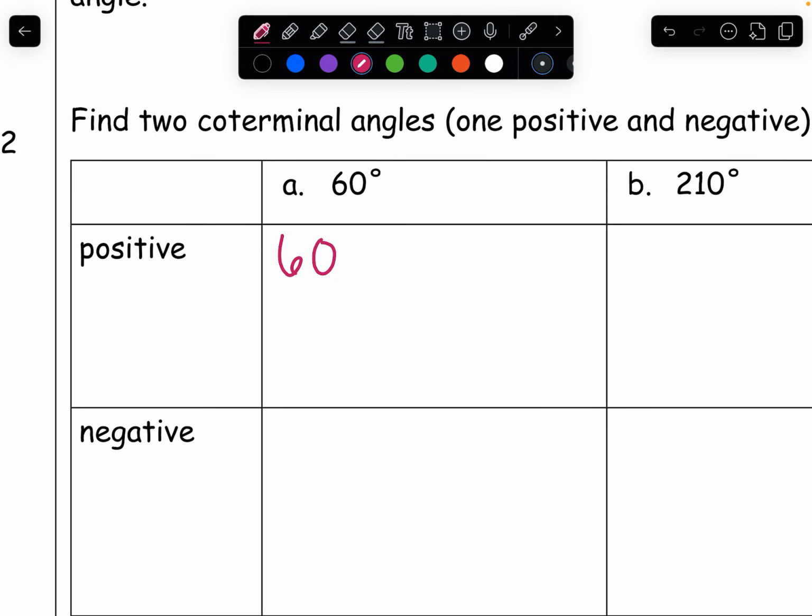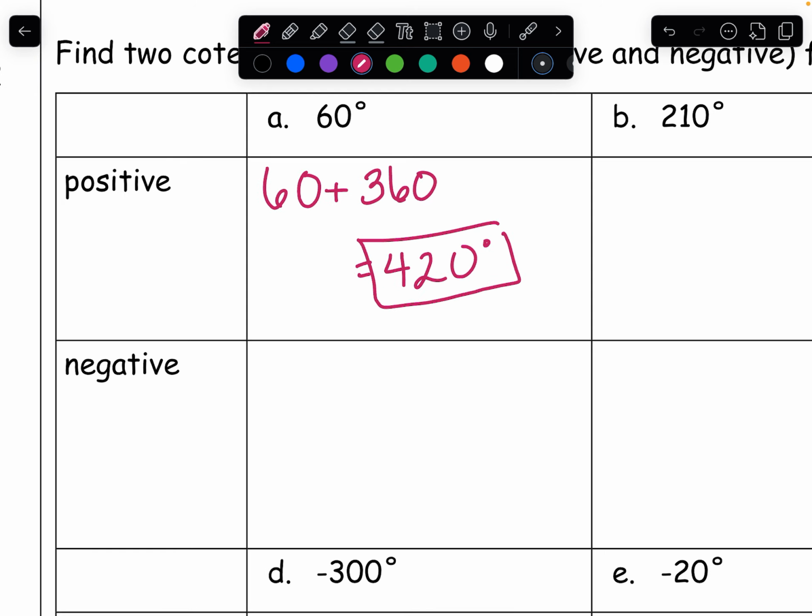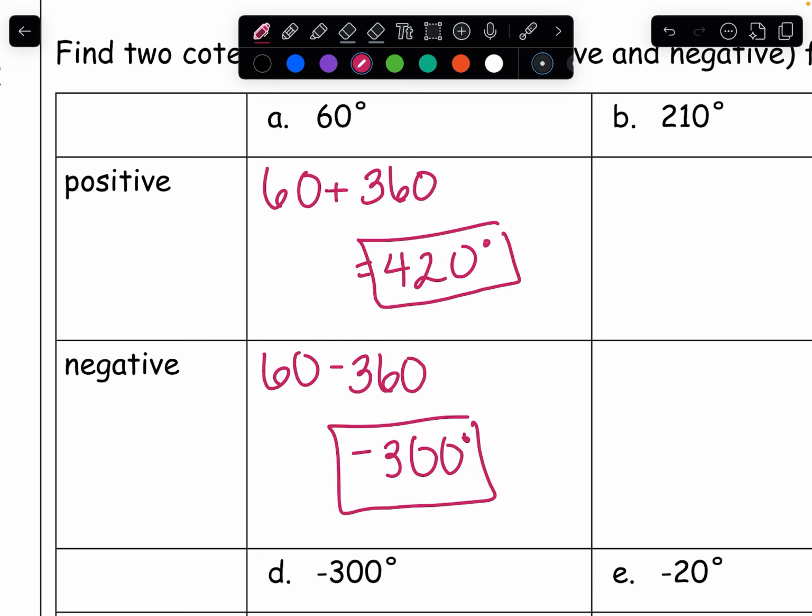So here's 60 degrees. I'm going to add 360 degrees, and we get 420 degrees. There is our coterminal. Now I'm going to take my angle and subtract 360 degrees, which will give me negative 300 degrees.